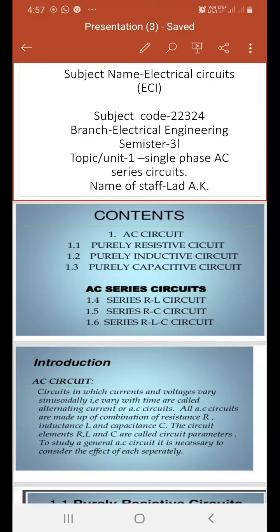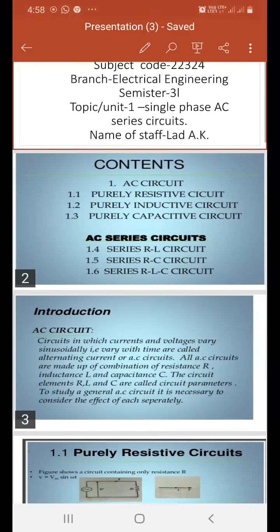Purely resistive circuit, purely inductive circuit, purely capacitive circuit. AC series circuit, in which points: series RL circuit, series RC circuit, series RLC circuit.